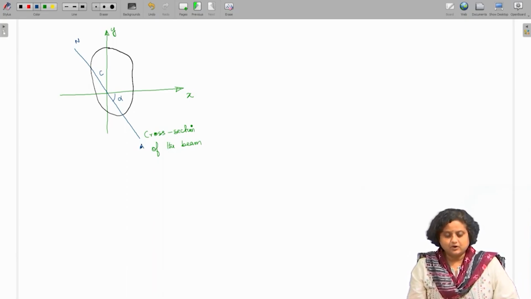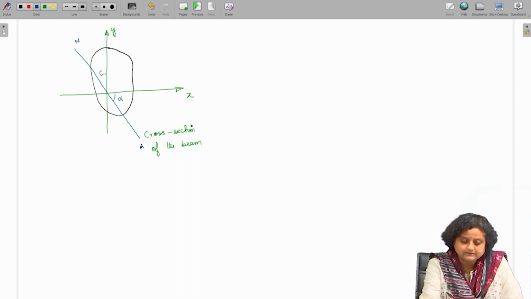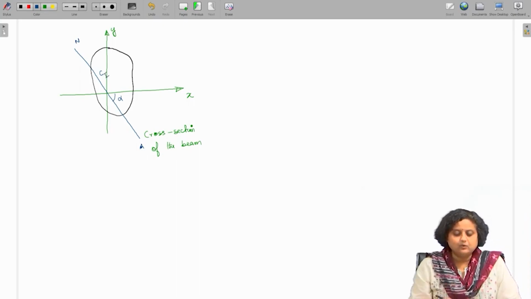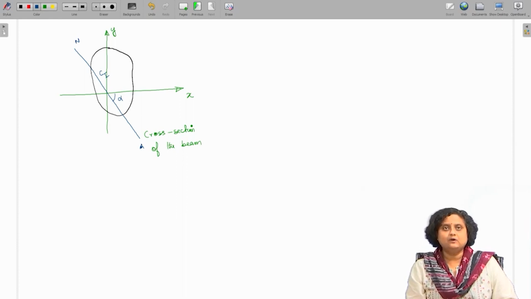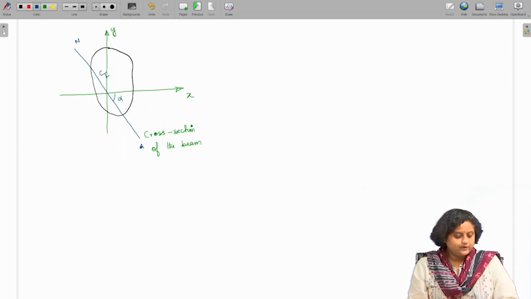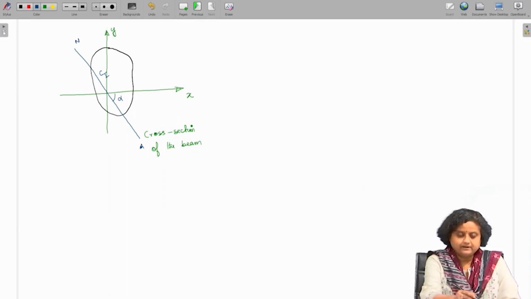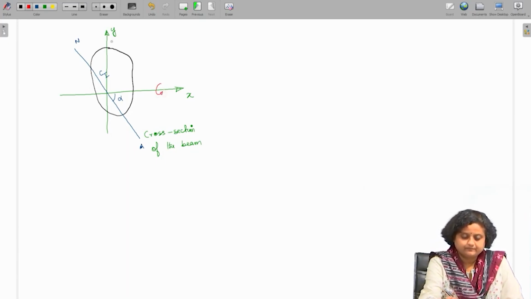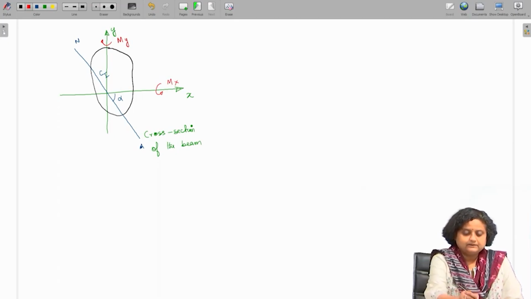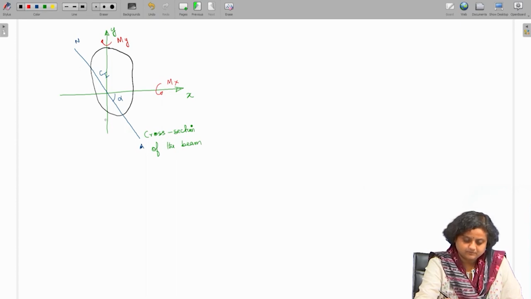Now, this is the cross section, and let me call the centroid Ci, to denote that this is the original or initial position of the centroid of the cross section before bending. Now, if we apply the bidirectional bending, let the cross section be deformed.